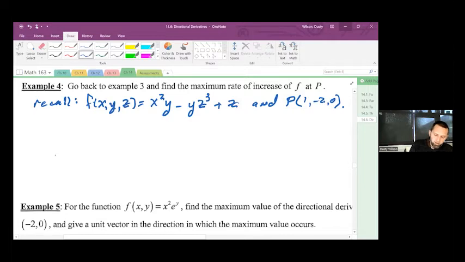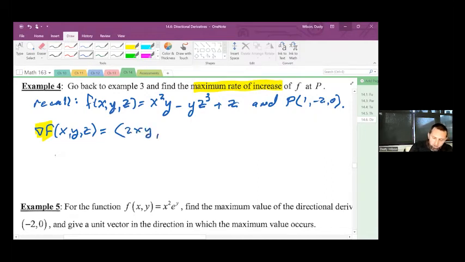If we want to find the maximum rate of increase, that means we need the gradient. So that means we need the gradient of f, which is itself a vector field. We'll talk more about vector fields later on, so we don't really need to worry about what they are quite yet. First we need to find f_x. That would be 2xy.